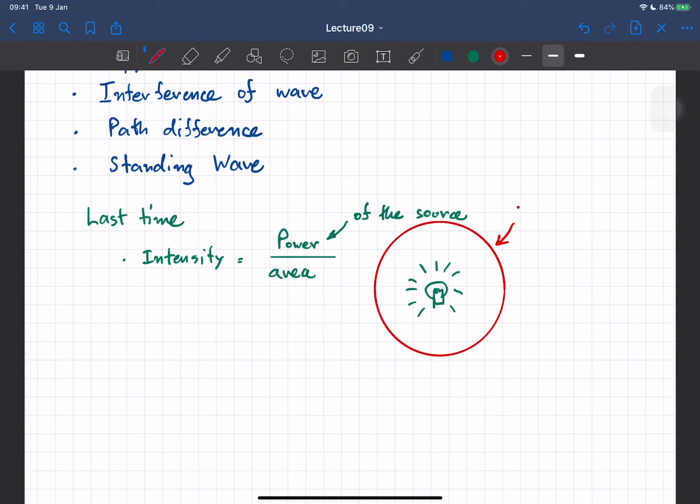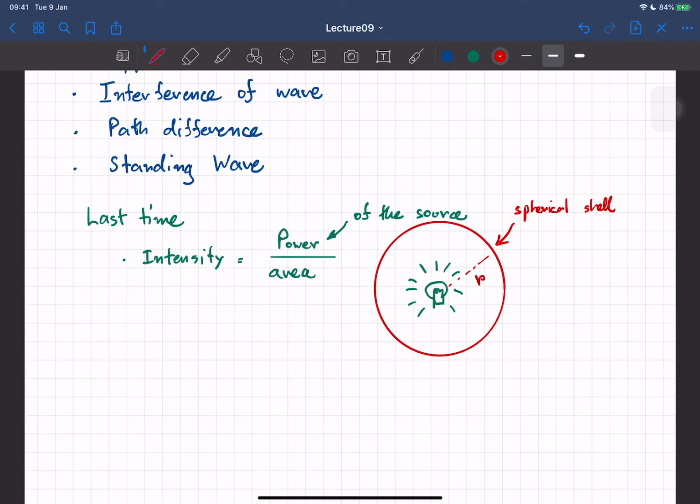So it's a spherical shell. This is the area that we're going to put in here. And if you are distance r away from the source, then the area will be 4 pi r squared.